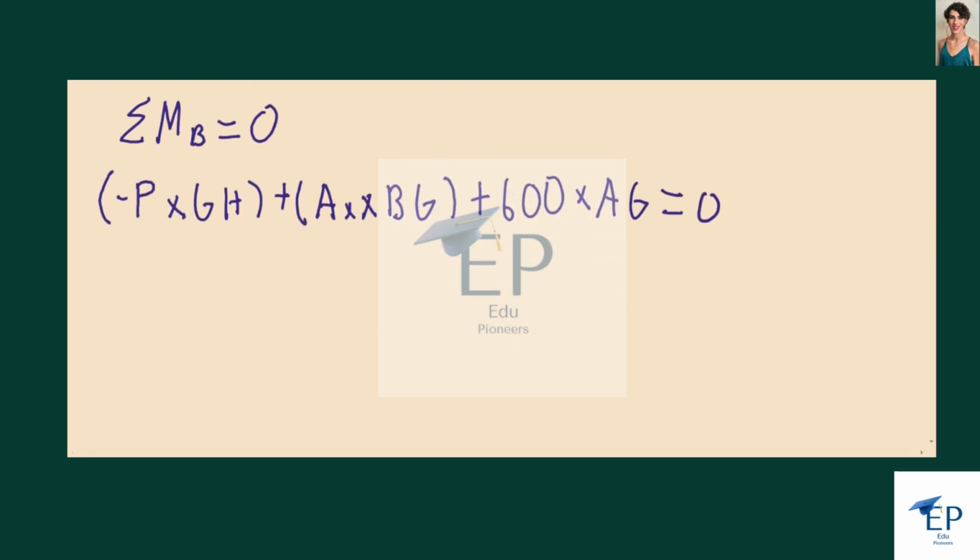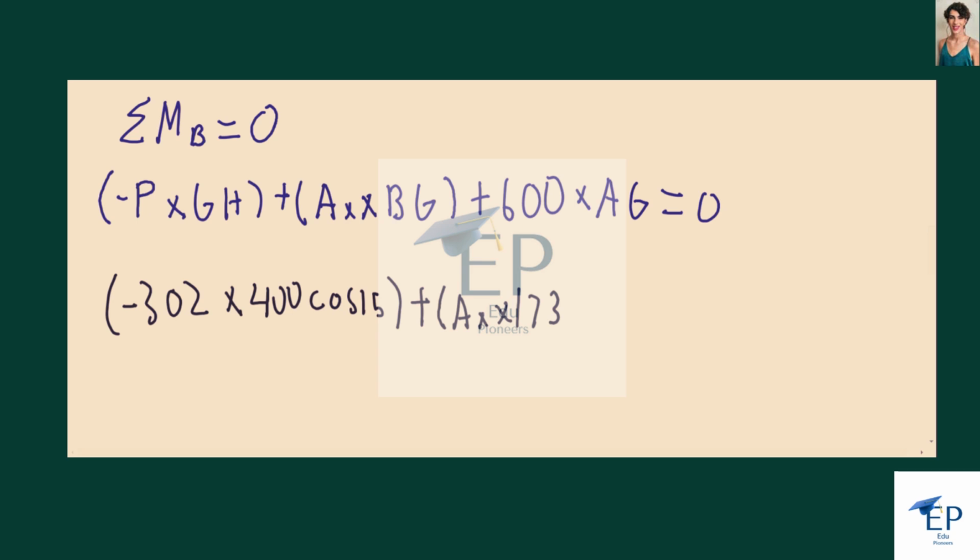So we plug in the terms that we know. So we have negative 302 times 400 times the cosine of 15 plus the x component of the reaction times 173.2 plus 600 times 100, and we set that equal to 0.